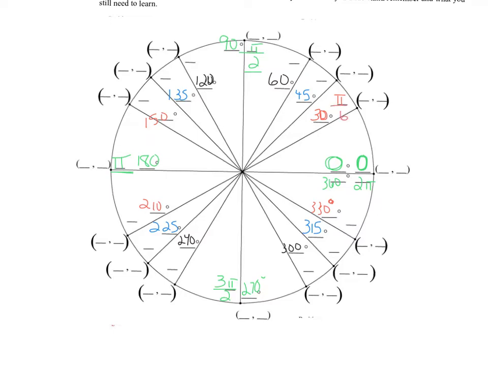Pi over 6. 1 pi minus a sixth is 5 pi over 6. 1 pi plus a sixth gives me 1 extra, so that's 7 pi over 6. 2 pi, which is equal to 12 pi over 6, minus a sixth would be 11 pi over 6.